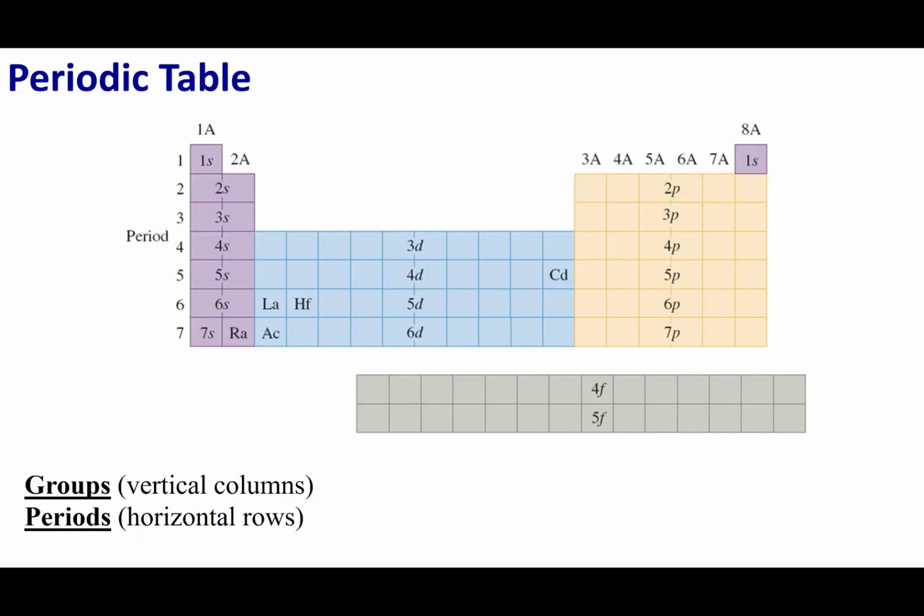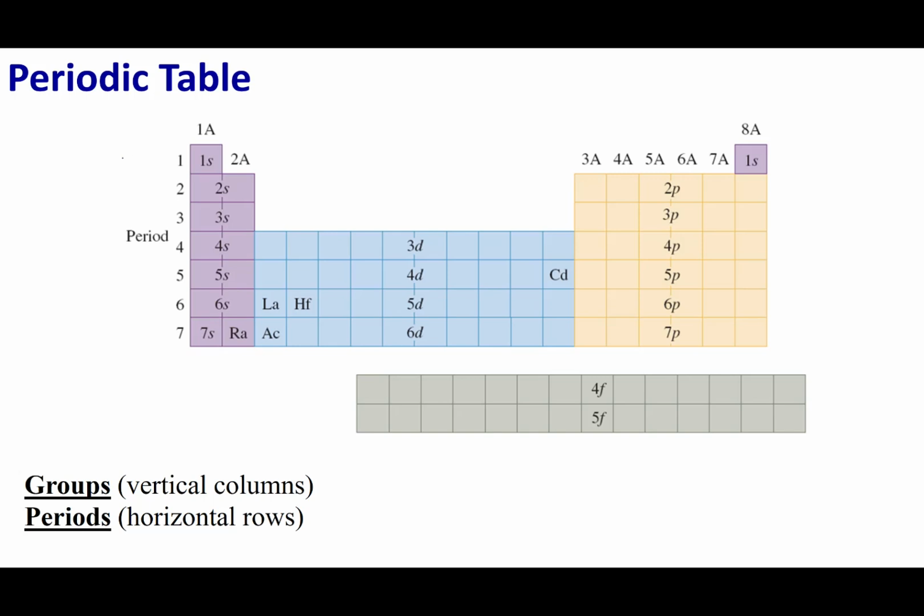Now, what you will see is that this matches the periodic table. The periodic table we told you was based on reactivity. That reactivity is actually based on the electronic configuration. And so in reality, the periodic table is arranged based on electronic configuration.